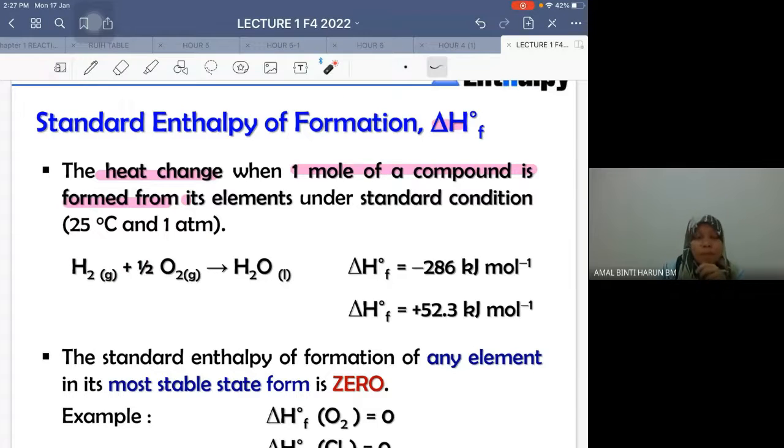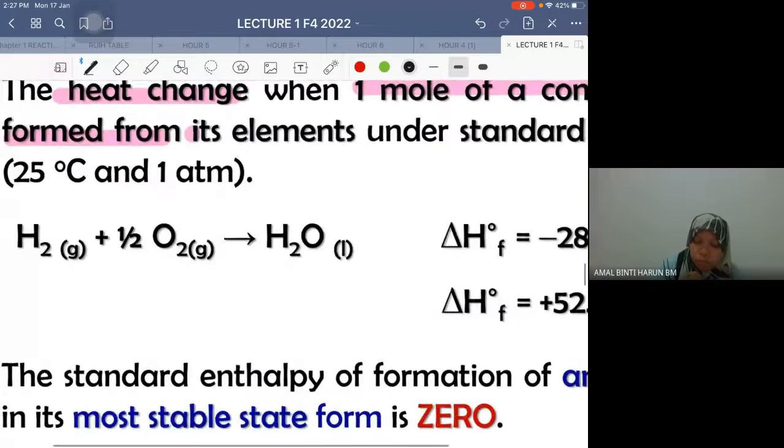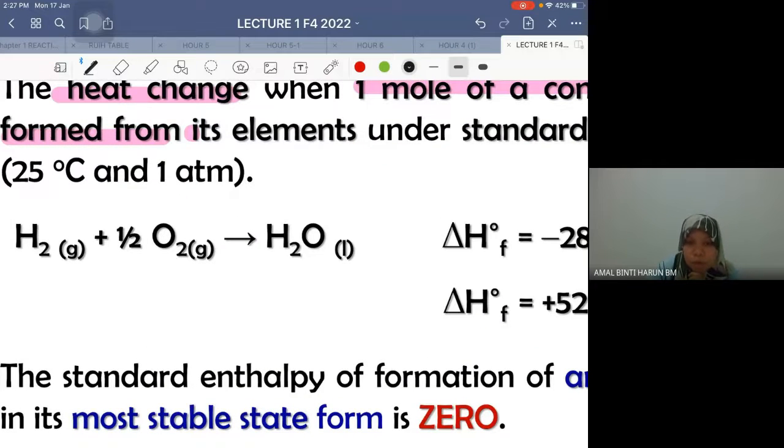Okay, contoh yang lain. Kita nak form, sekejap saya cari contoh yang lain. Okay, so we want to form ethylene ataupun ethene.